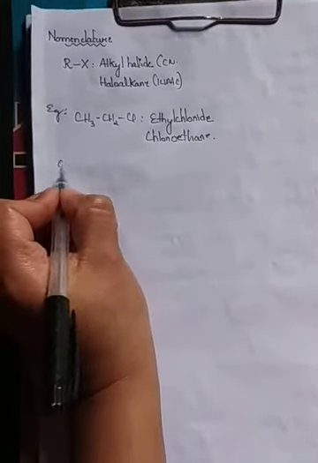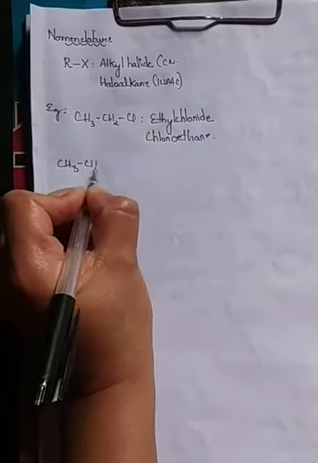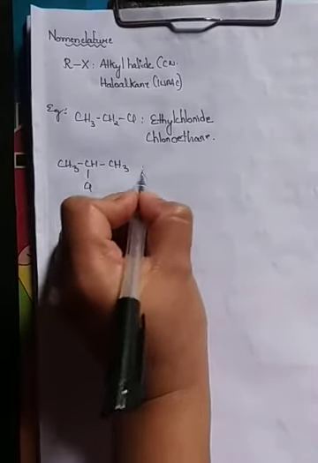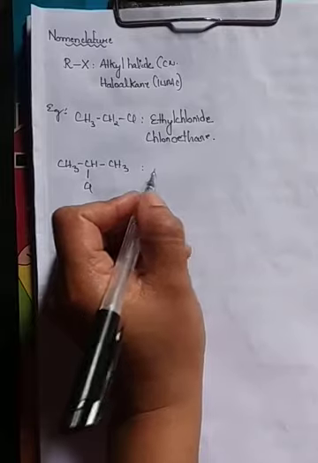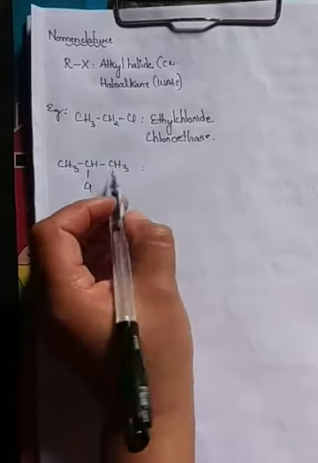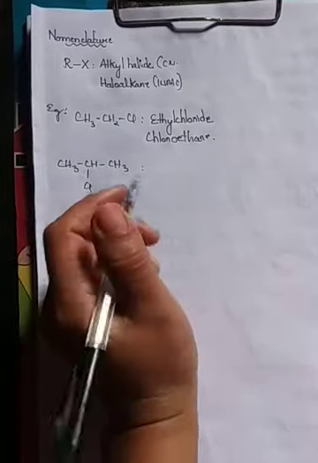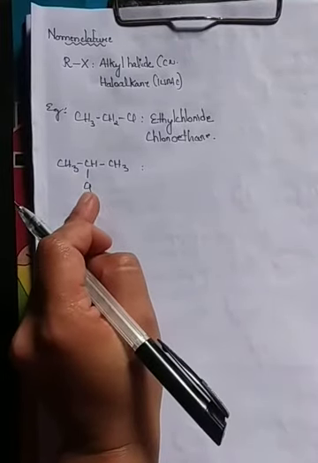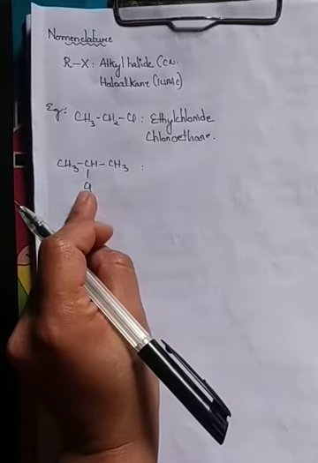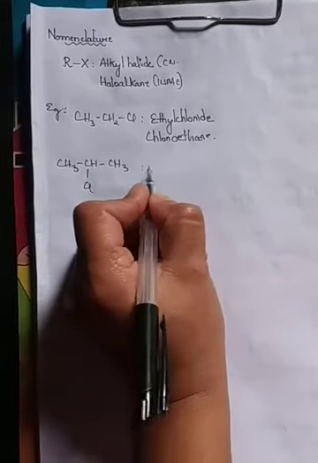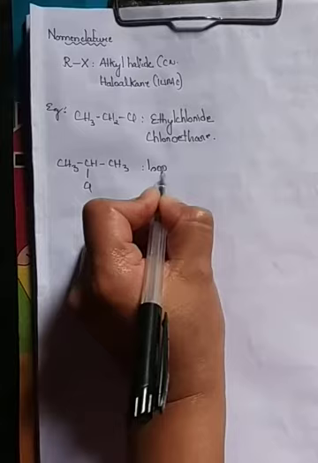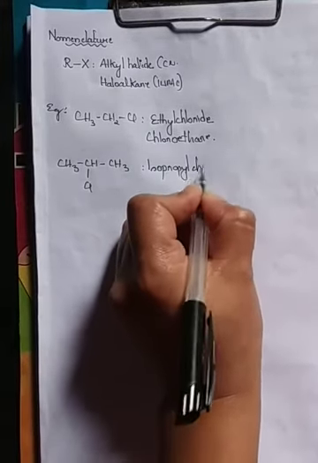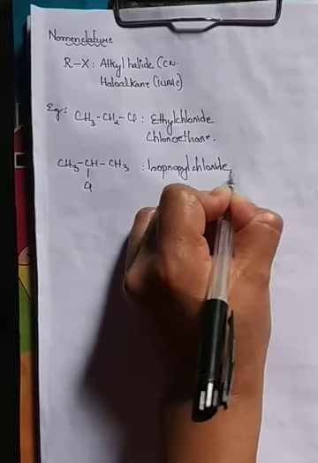Now the second example, CH3CHClCH3. Firstly, let's check out the common name. We have three carbon atoms here. The halogen atom appears to be in a branch structure, therefore the name here will be isopropyl chloride.